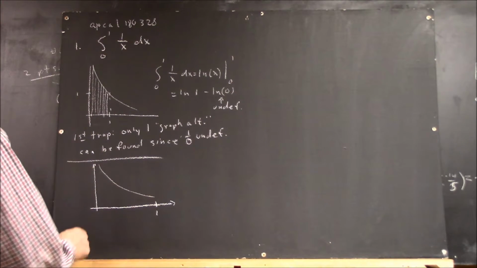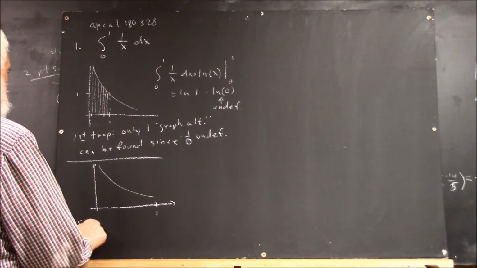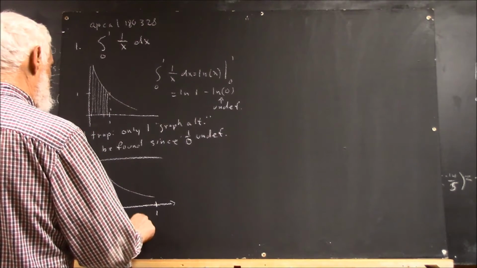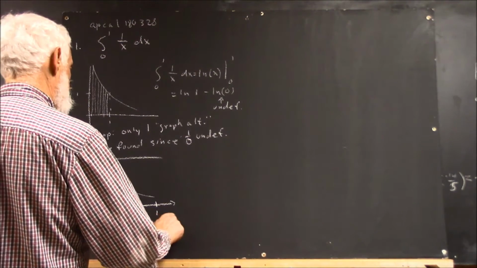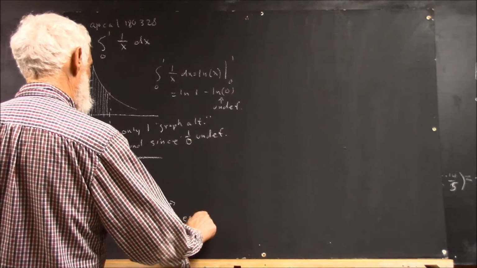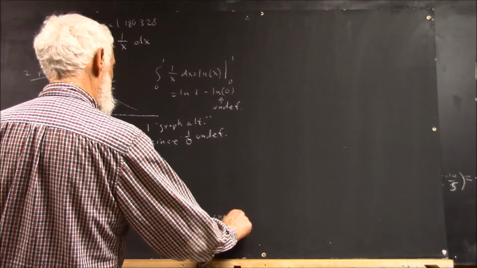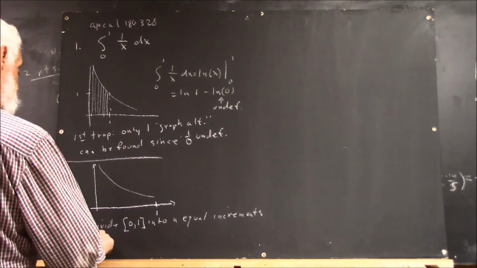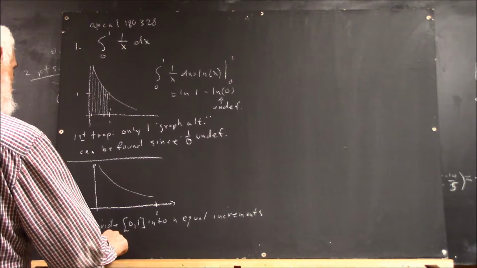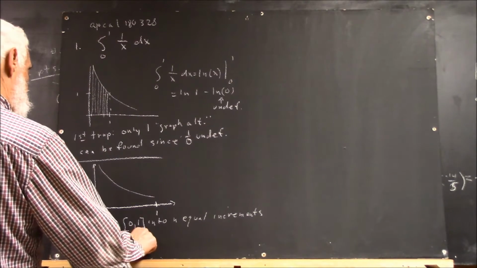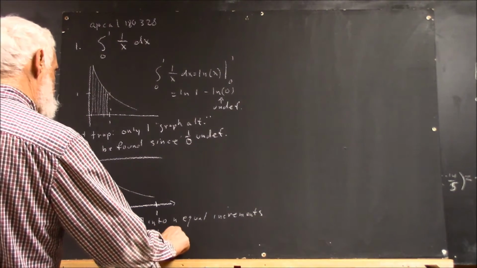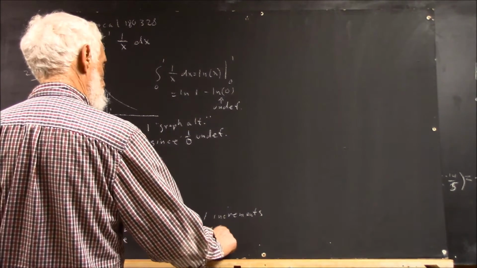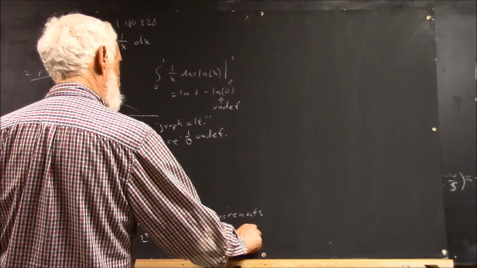But I want to subdivide into n equal increments and ignore the first trapezoid, at least for now.